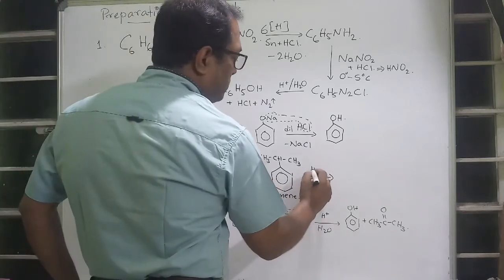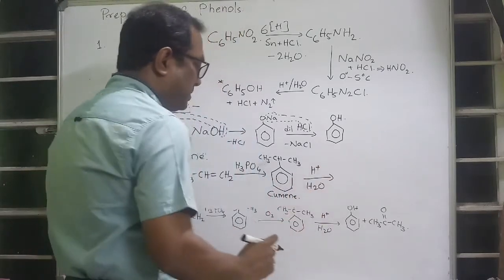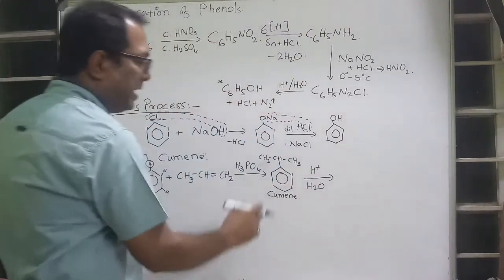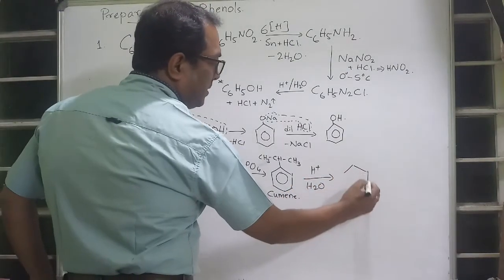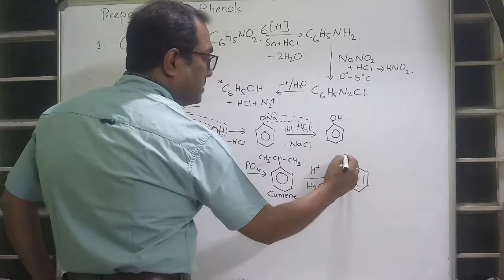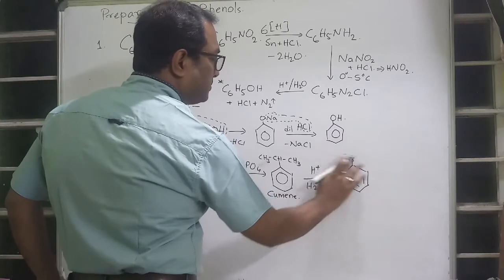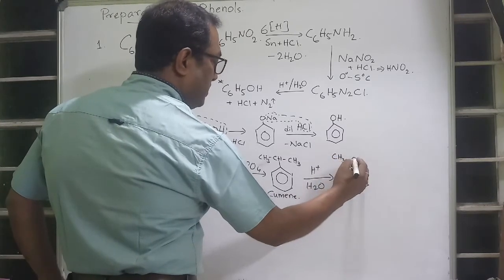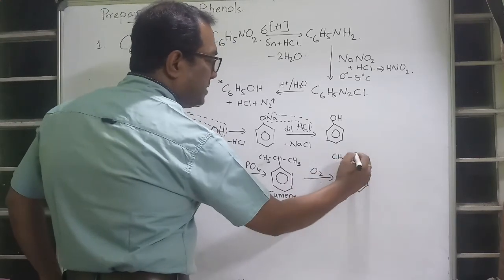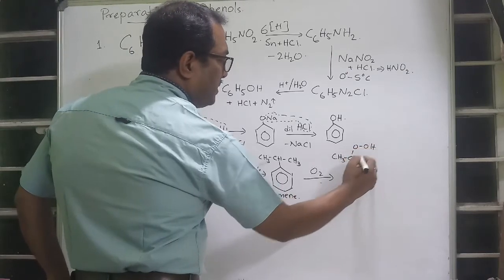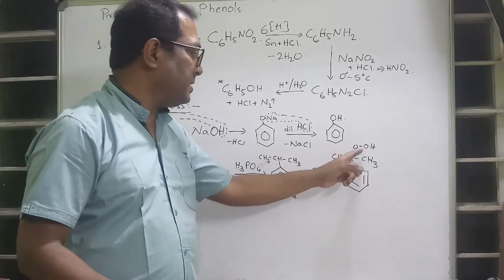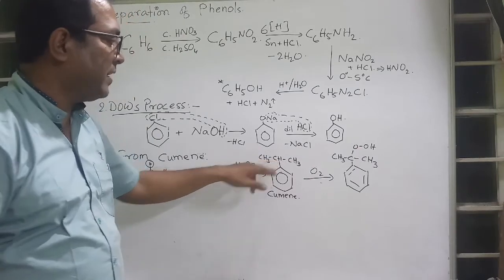And when we have this cumene, with acid hydrolysis, what is going to happen? This is benzene with CH3. Let us first oxidize it. When we oxidize it, it forms the COOH group, as two oxygens get added to this very carbon.